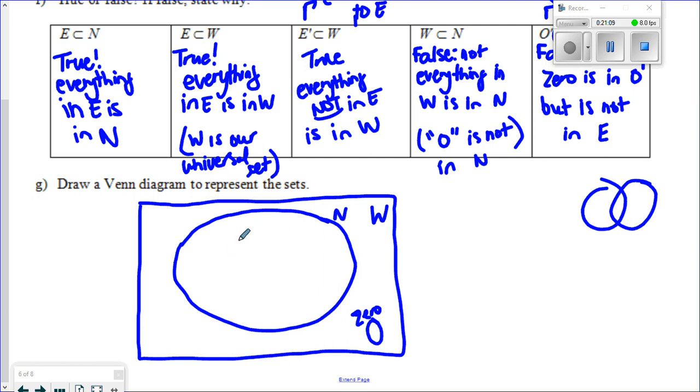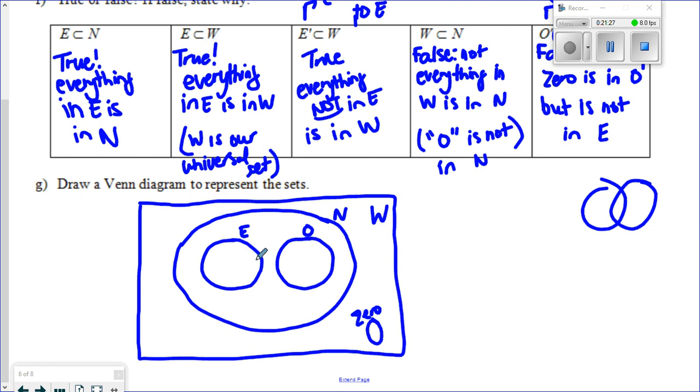Then within that we could also have our even numbers and our odd numbers. They have nothing in common, so we're not going to cross them over like this.